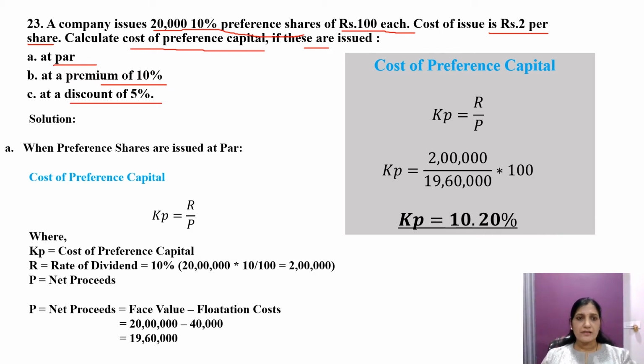If you want, I can read this once again. A company issues 20,000 10% preference shares of rupees 100 each. Cost of issue is 2 per share. Calculate the cost of preference shares if these are issued at par, premium and discount.